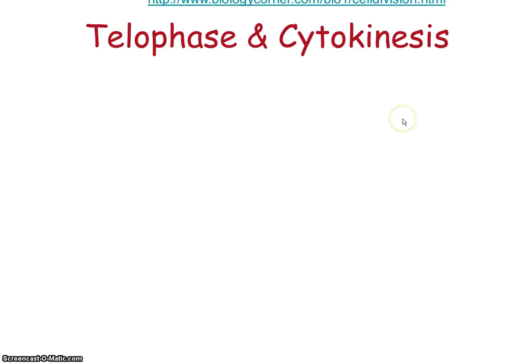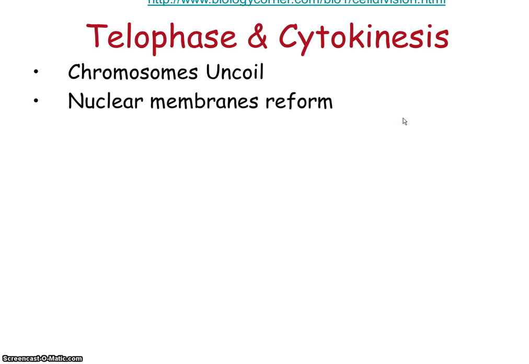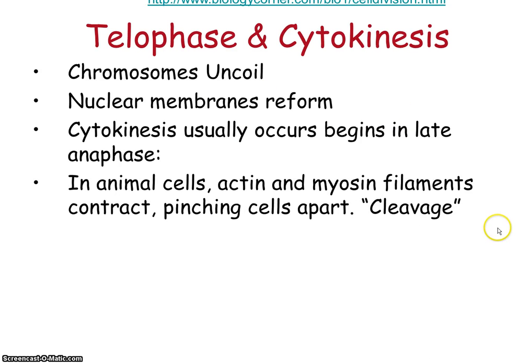And then lastly, you've got telophase and cytokinesis, and that's when basically the chromosomes are going to uncoil again. You're going to get 2 new nuclei. Cytokinesis, the remainder of the cell is going to break apart. It's different in plants versus animals. In animal cells, you get what's called cleavage. Actin and myosin microfilaments are involved in contracting and pinching the cell apart.